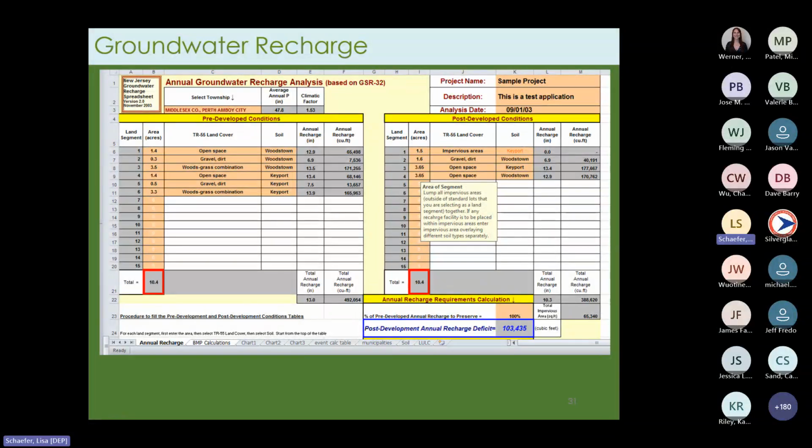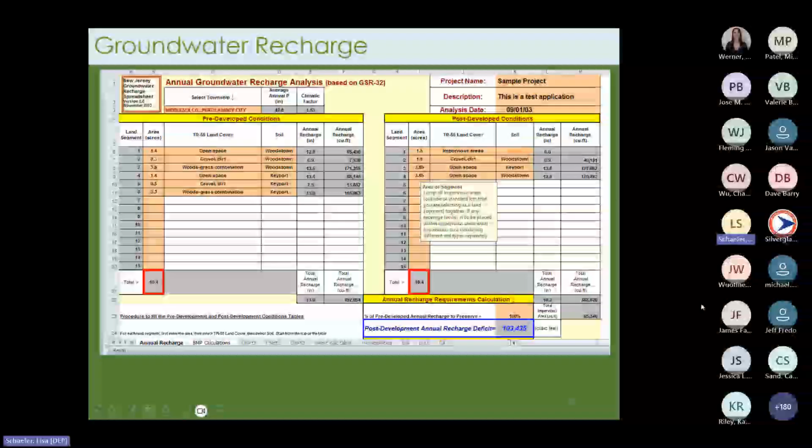Therefore, the soils in this spreadsheet play an important role in the calculation of annual recharge and the recharge provided by the BMP. So I want you to notice that the total area, 10.4 acres, matches from pre to post. We'll get to the blue rectangle over here in just a minute, but let's just discuss some of the other inputs in these boxes.